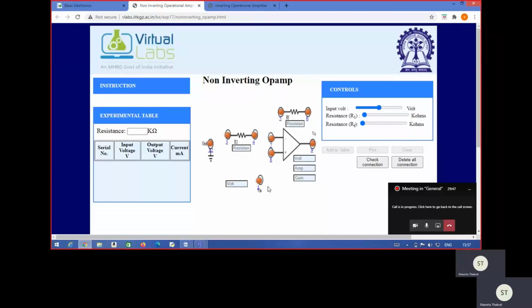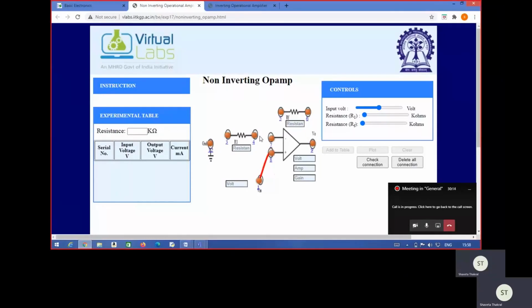Now we need to make the circuit connections to perform this experiment. First of all, we need to make the connection between node 1 and node 8, because the non-inverting input terminal needs to be applied with the input signal, and this is Vin, the input signal applied at node 1. So we make one connection between node 1 and node 8.